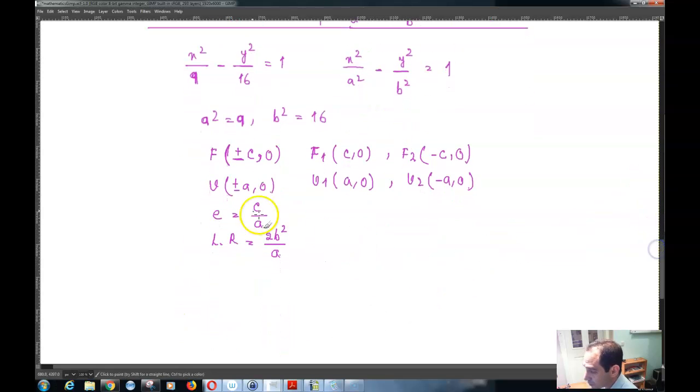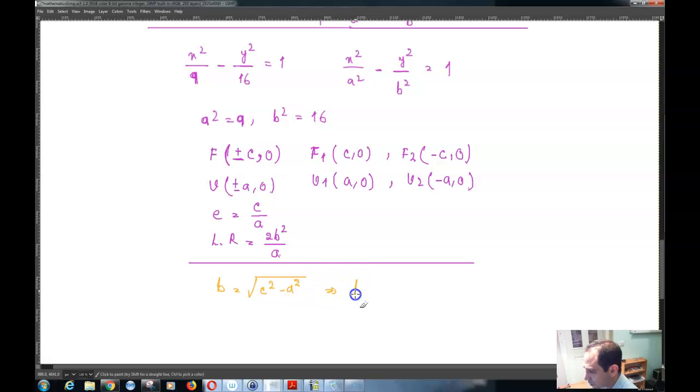There was a relationship between A, B, and C. We said that B is equal to the square root of C squared minus A squared.